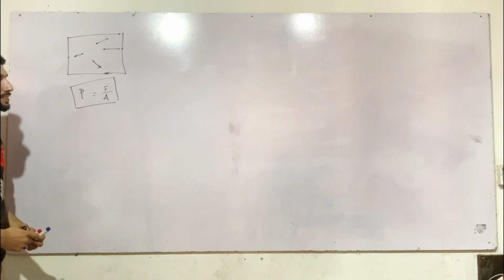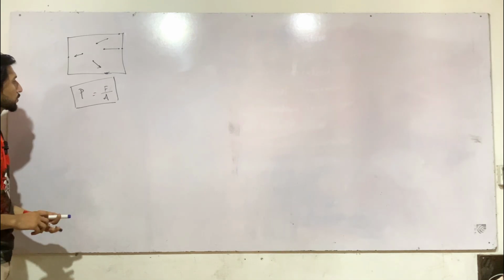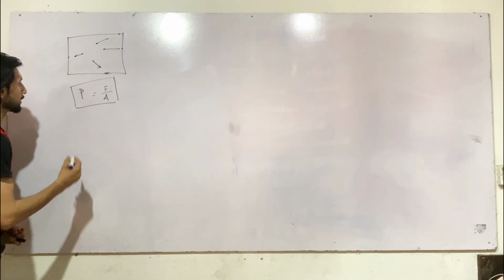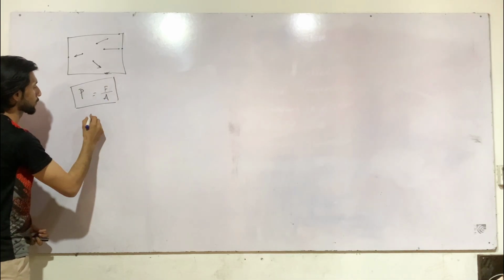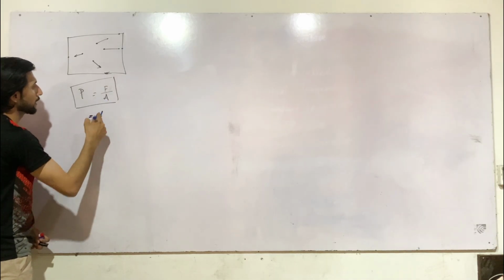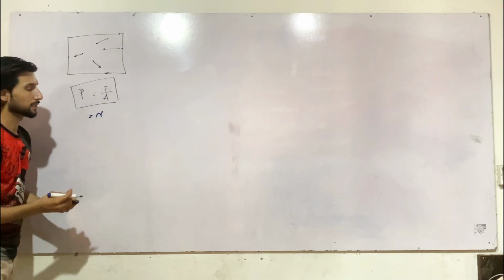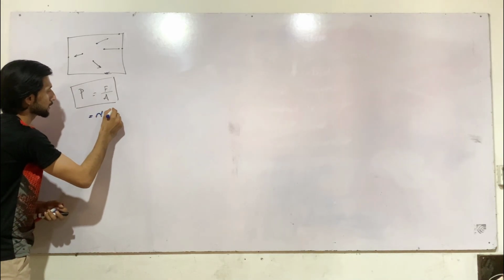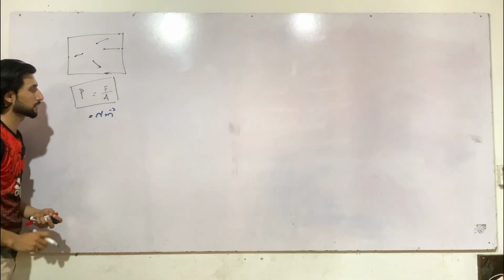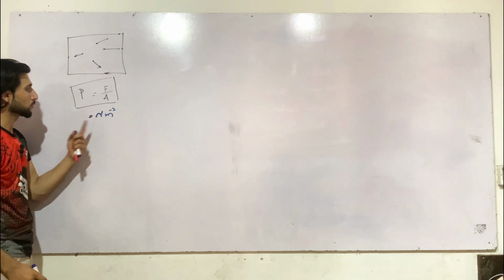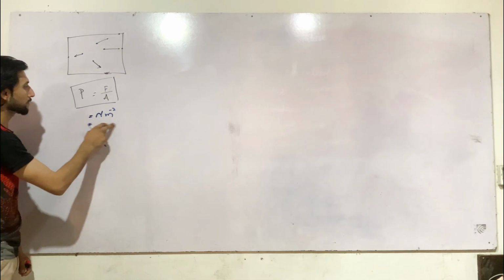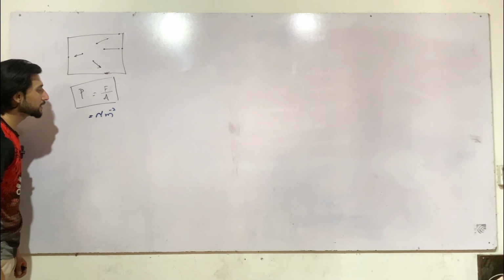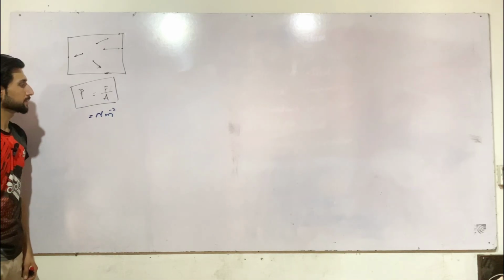Now come to the physics of this pressure. What are the units of pressure? It could have force in units of Newton, and the unit of area is meter squared, which is in the denominator, so I put minus 2 in the power. So one of its units is Newton per meter squared.